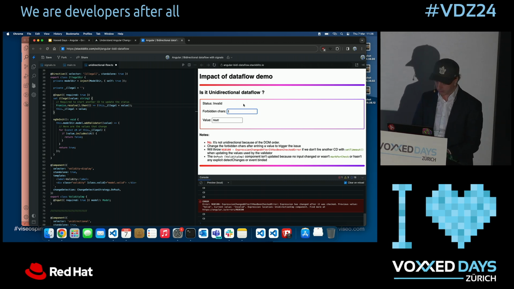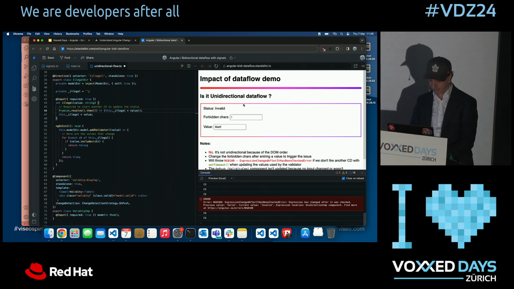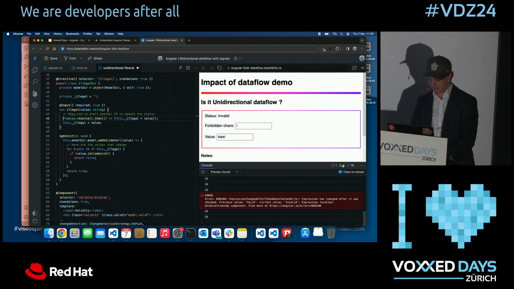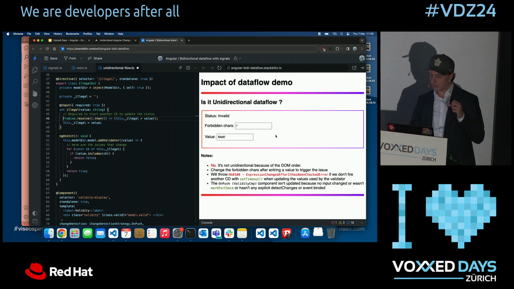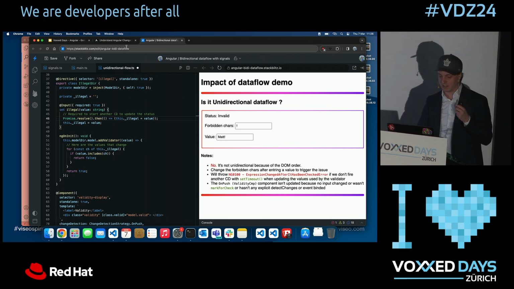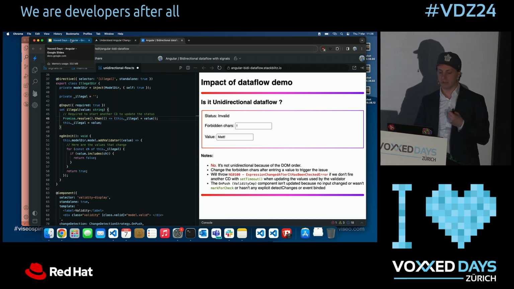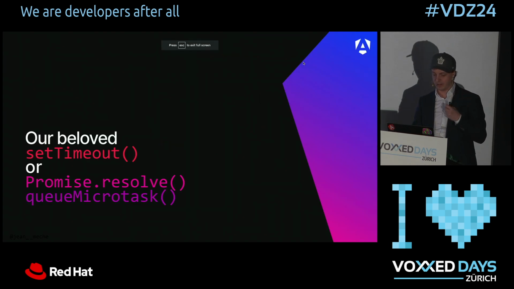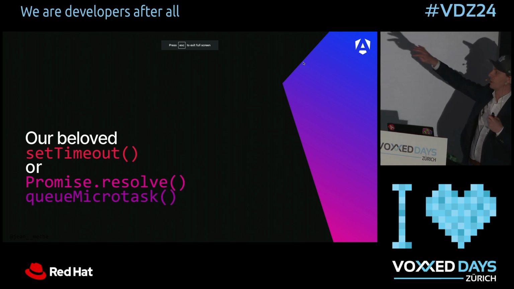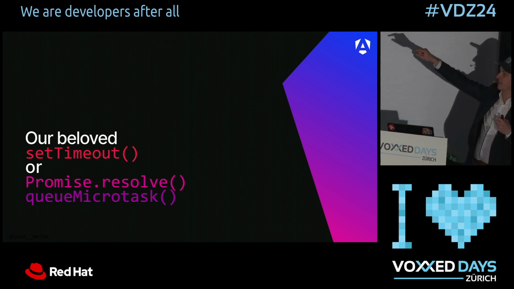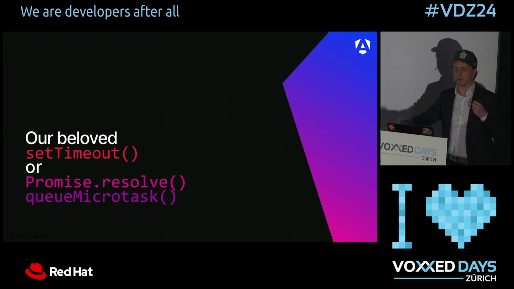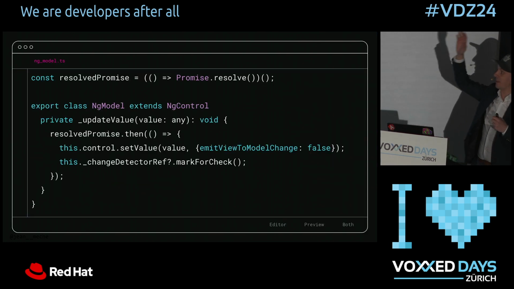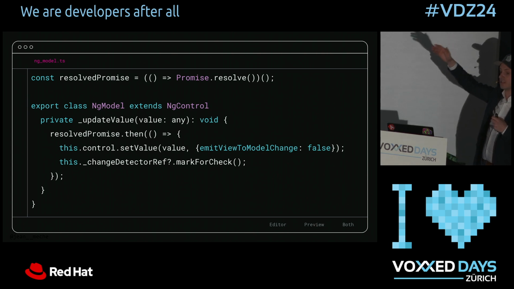Zoom a bit. So like that. So the basic idea is that we can fix this kind of issue by manually rerunning the change detection. And you have to know that the three functions that will rerun change detection for you are setTimeout, Promise.resolve, or queueMicrotask. And you have to know that this is what the framework does itself.